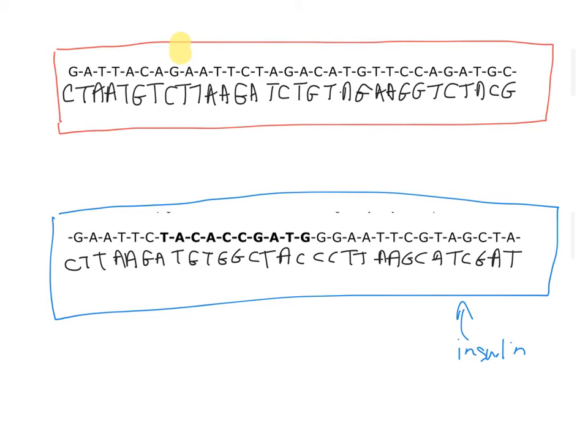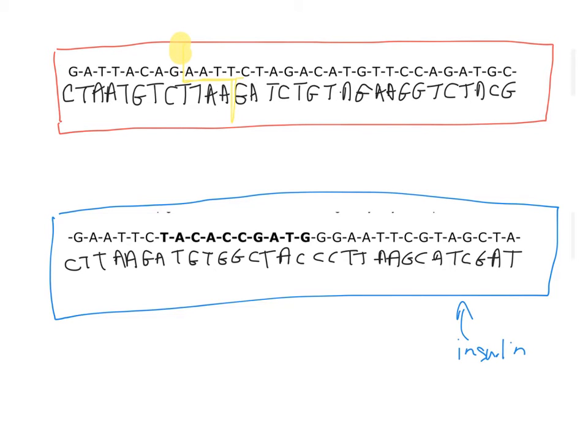So I'm just going to make the line a little thinner. Wherever I have AATT, I'm going to make a line.